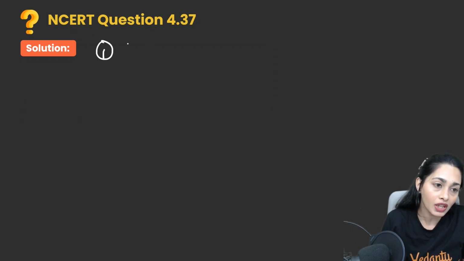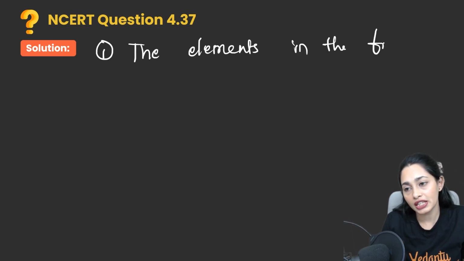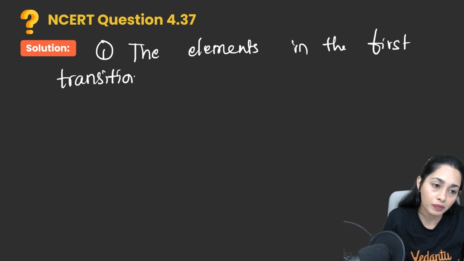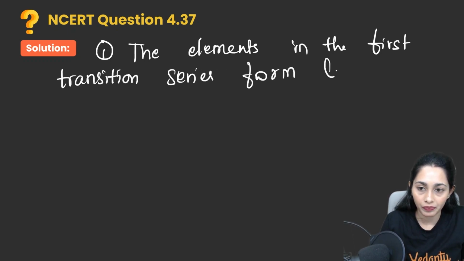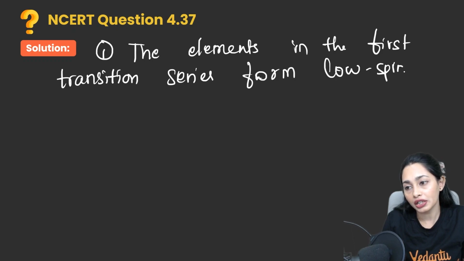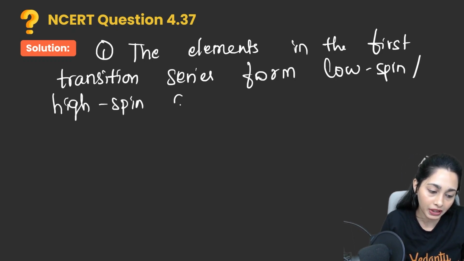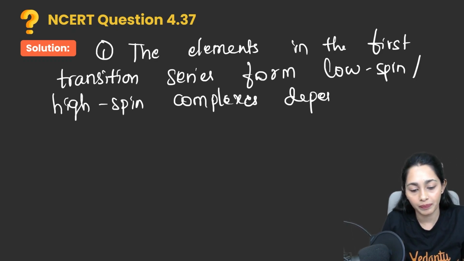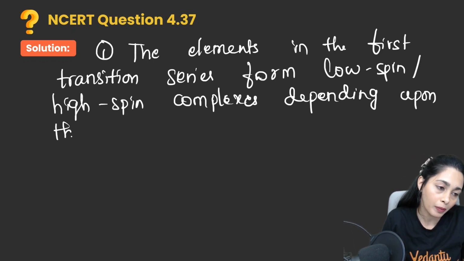First, the elements in the first transition series form low spin or high spin complexes, depending upon the strength of the approaching ligand.